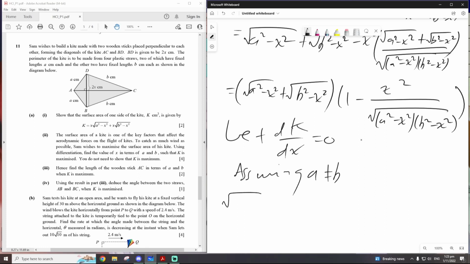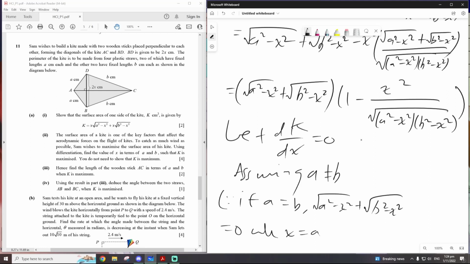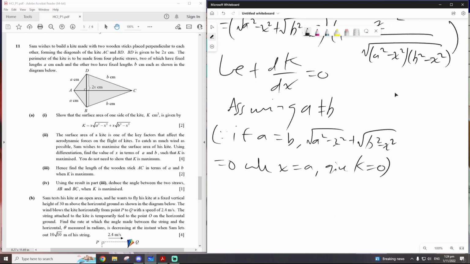We have, assuming A not equal to B, because if A equals B, root a squared minus x squared plus root b squared minus x squared equals 0 when x equals A, giving k equals 0. So we don't consider this because that would just give us a 0 k, which is obviously not what we want.